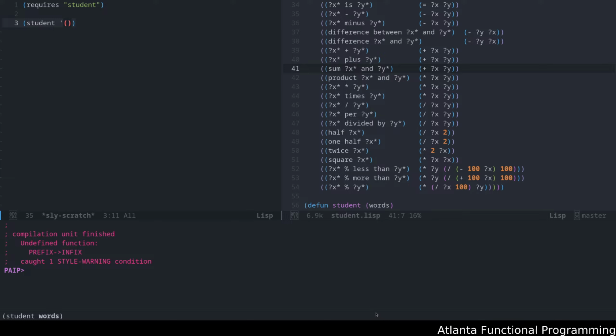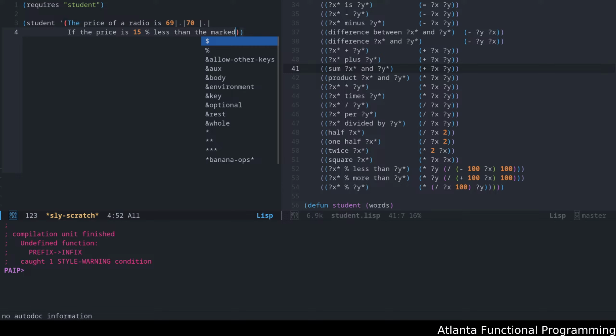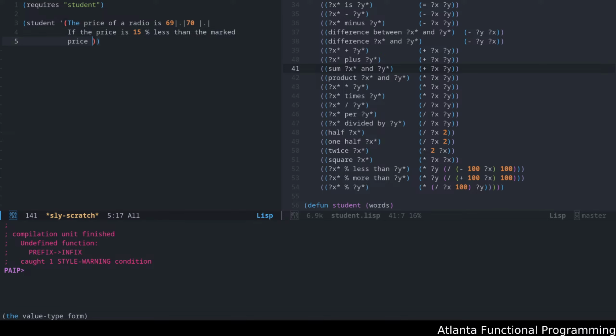The price of a radio is 69.70 if the price is 15% less than the marked price. Find the marked price. Right? Yes.